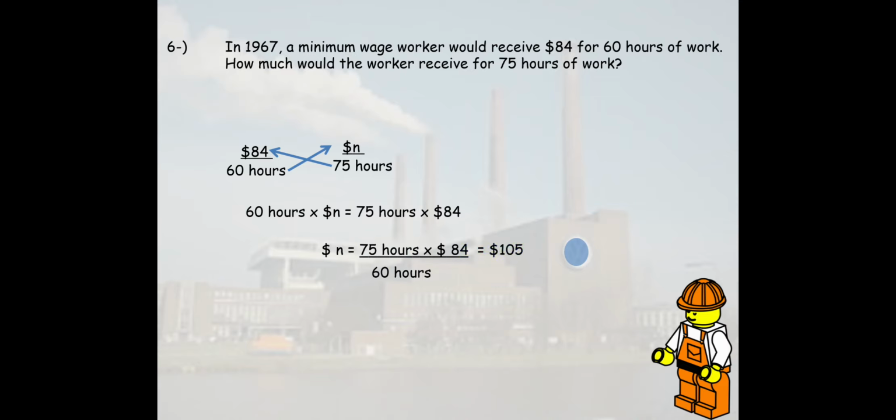Therefore, n dollars is 75 hours multiplied by 84 divided by 60. My answer is $105. Therefore, a worker would receive $105 for 75 hours of work. Okay. Next.